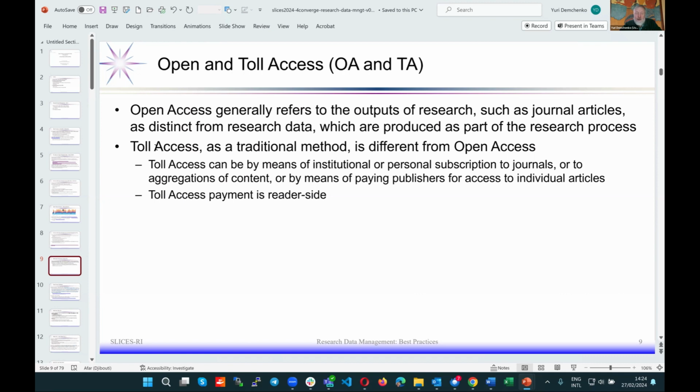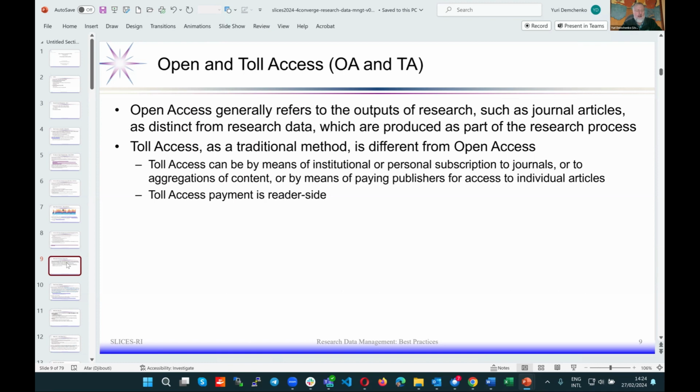If somebody tried to buy an article from IEEE proceedings or from a standards organization, you pay 60 to 100 plus dollars or euros per paper. So this is a high price, but it's typically free for academic and research organizations under organizational subscription. This is toll access. It may be by subscription or individual.